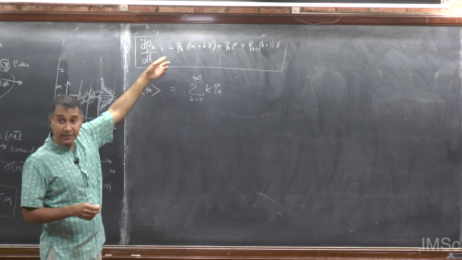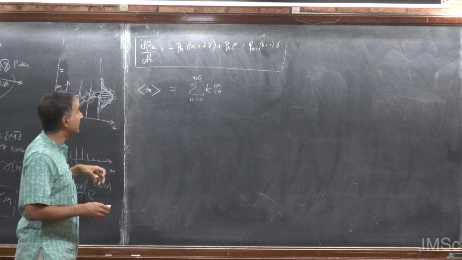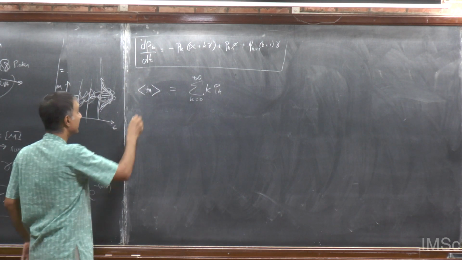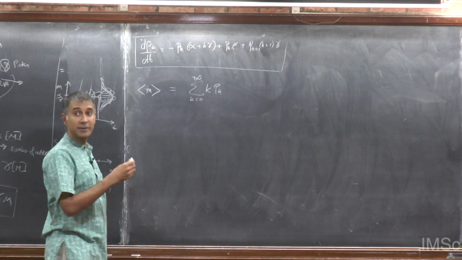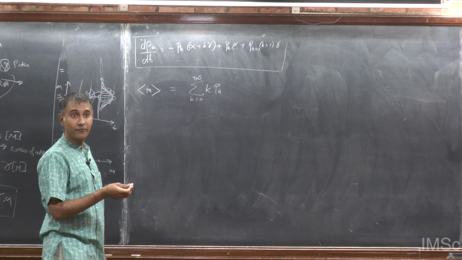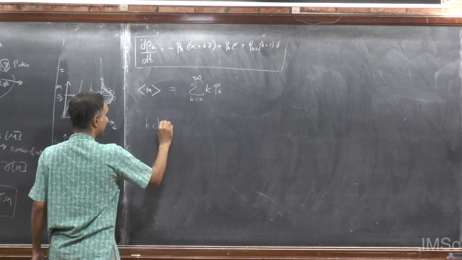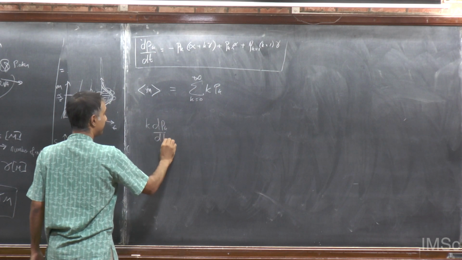So if I take this equation, I can make an equation for the mean. How do I do that? I take the whole thing and I multiply it by k. Okay? And let's hope for the best. So on the left side, I'm going to do k dp_k/dt.